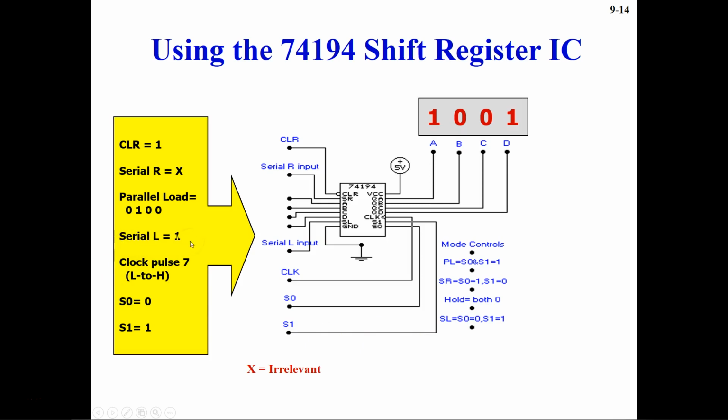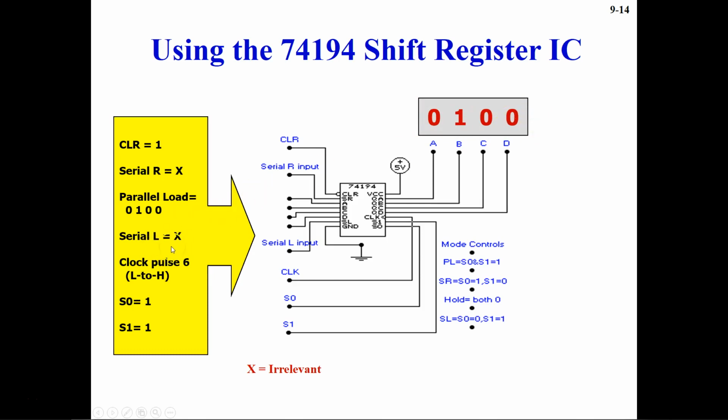If you look here, you have serial L equal to 1. When you have serial L equal to 1, it means you are feeding 1 to the left every time your bits move. Okay, and we are going to see that. Previously, when the clock pulse was 6, your data at the binary output was 0 1 0 0.